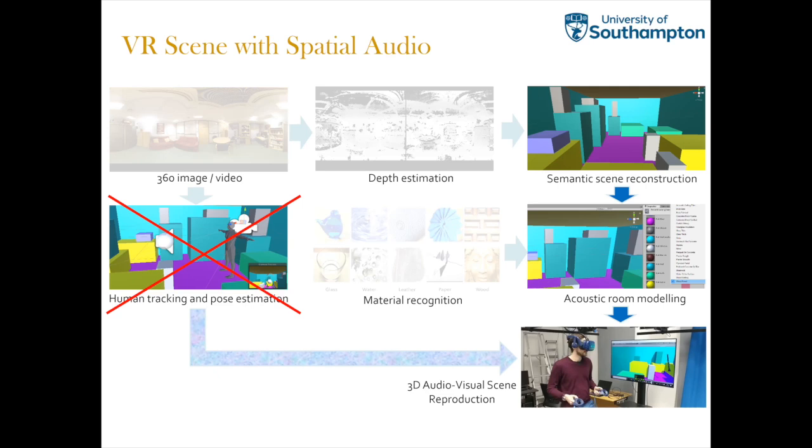So for human tracking and pose estimation, what we are doing is, from just one single video, we have the human, but get their skeleton data. So to understand their behaviors and their actions and their poses in 3D space from just one single shot, photo or video.